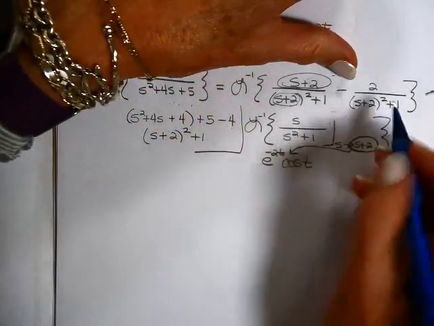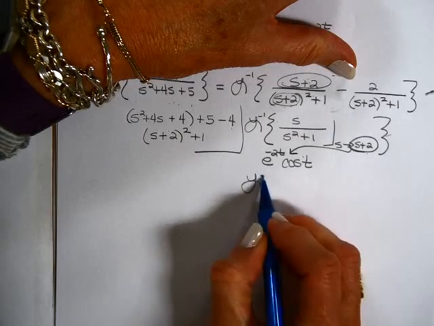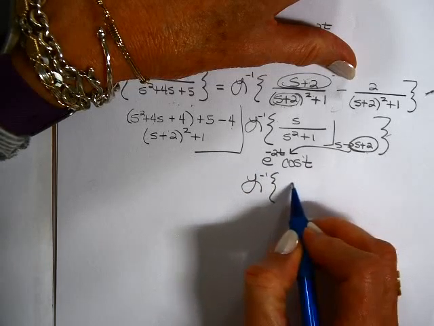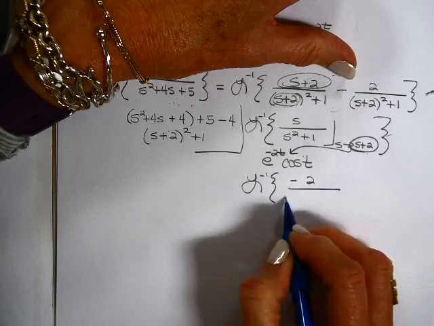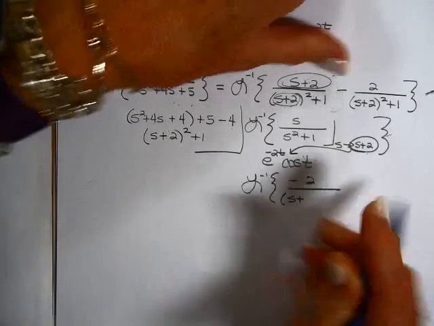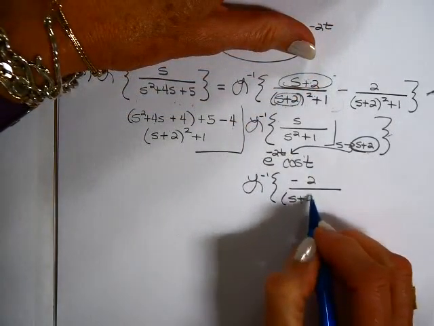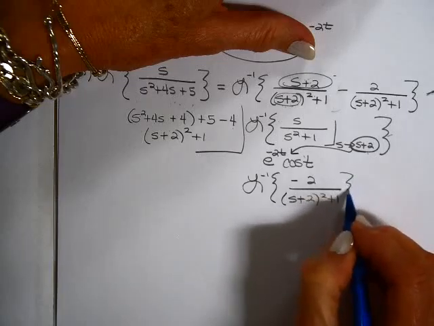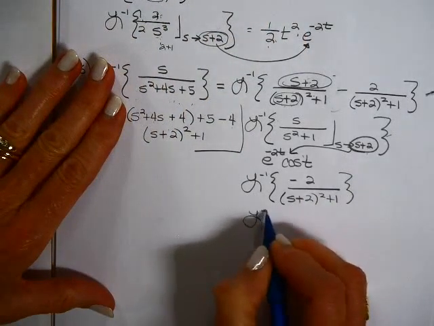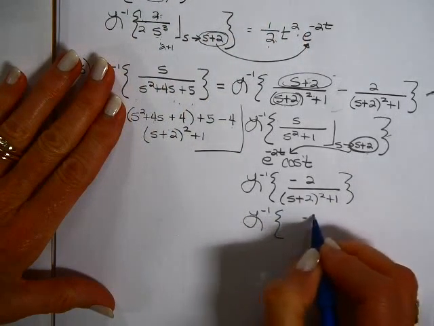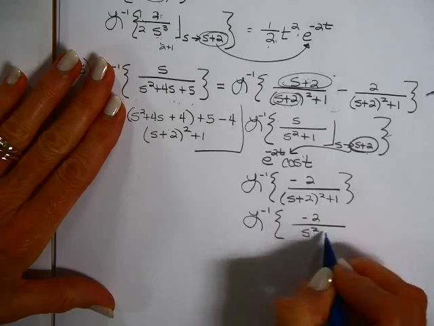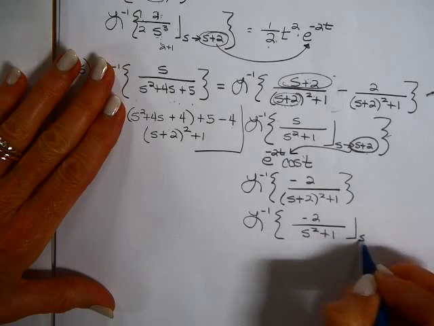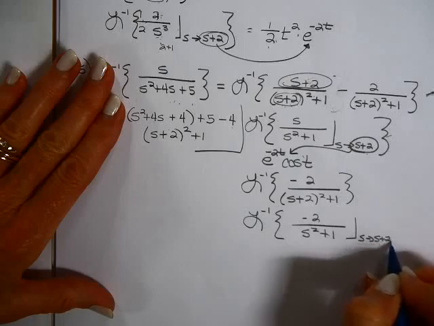All right, then I've got the other part. I've got the inverse Laplace transform. I'll put the negative in front. Negative 2 over s plus 2 squared plus 1. This is the inverse Laplace transform of negative 2 over s squared plus 1, and again, you translated s to s plus 2.